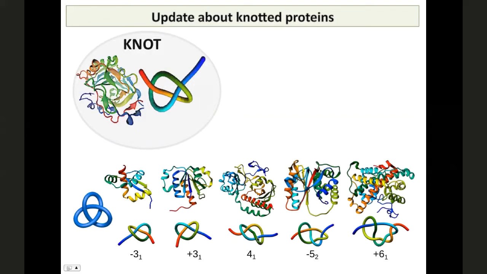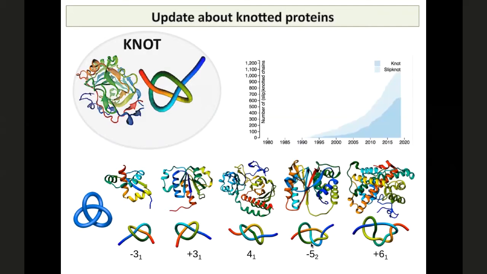We know that there are proteins with a 4-1 knot, 5-2 knot, and 6-1. At least around 1,000 protein deposits in the PDB are knotted. And we also can find proteins with a slipknot, which I will talk about later on.